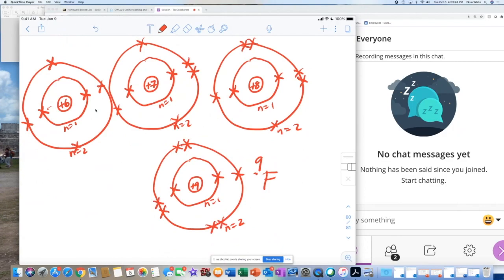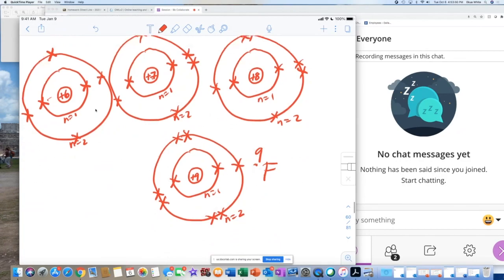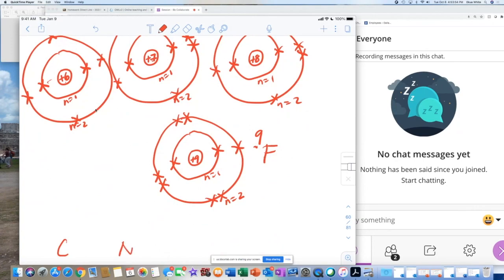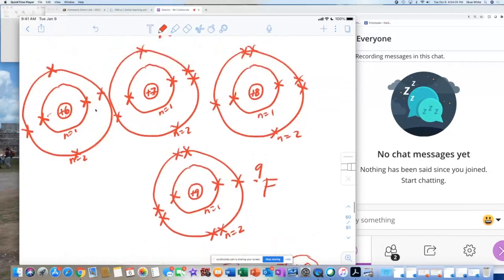Here's the thing. When you look at the charge of the nucleus from carbon to nitrogen to oxygen to fluorine, notice the nuclear charge increases, right? The nucleus goes from +6 to +7 to +8 to +9. But look at where we are adding the electron.